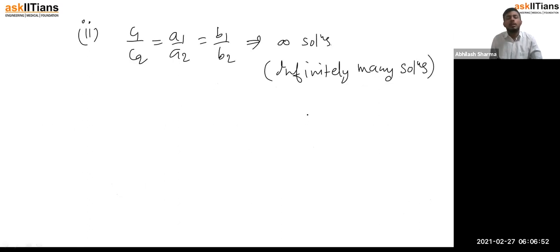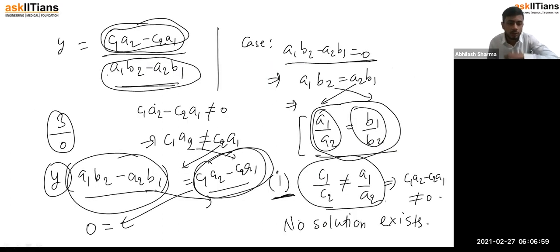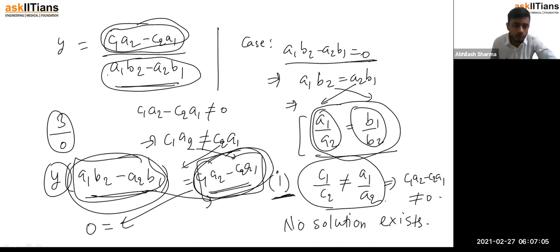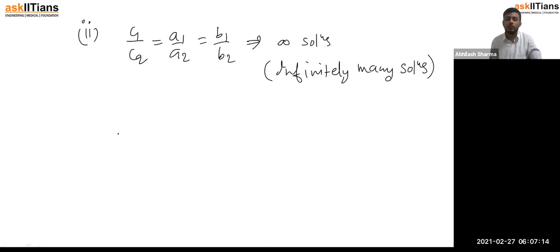Why is that the case? Because in this case, this will also be 0, and this will also be 0. So 0 equal to 0 into y will always be true. So in this case, there will be infinitely many solutions. So this we need to remember.